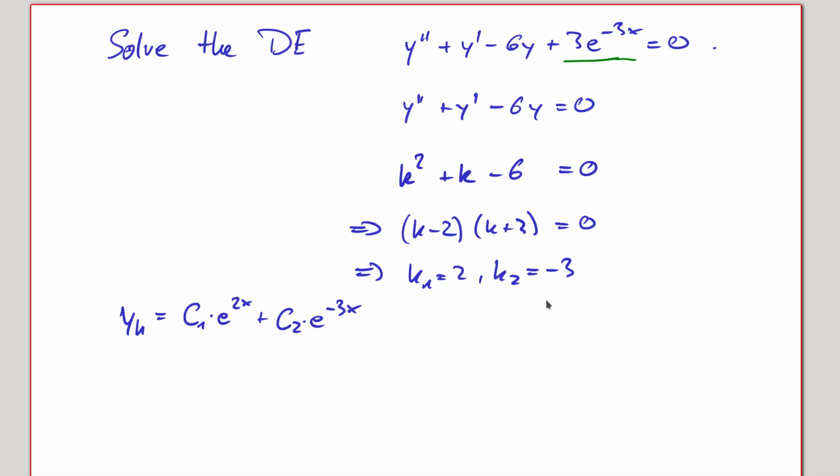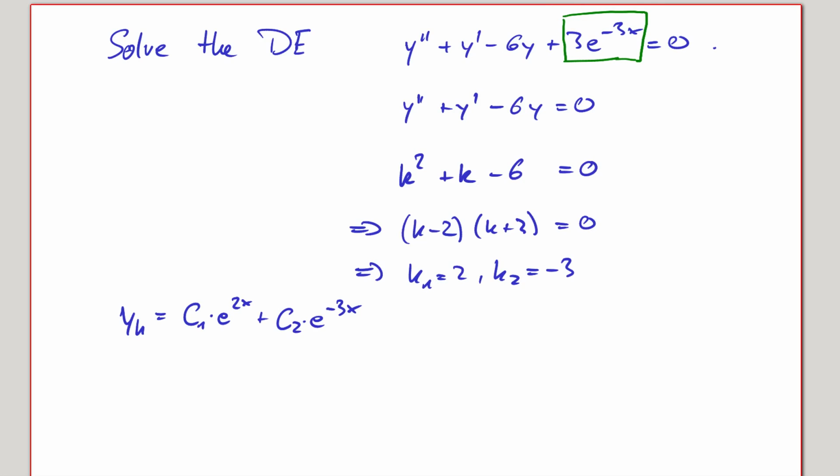So what I taught you is, now we go back to our inhomogeneous differential equation, and since we know that the source function, which is over here, is a variation of the exponential function, we know how to approach this kind of inhomogeneous differential equation.